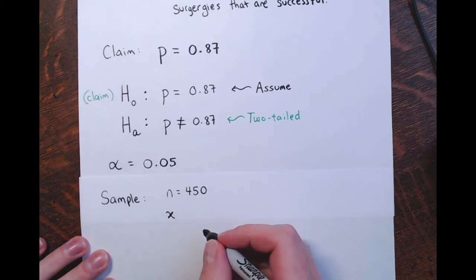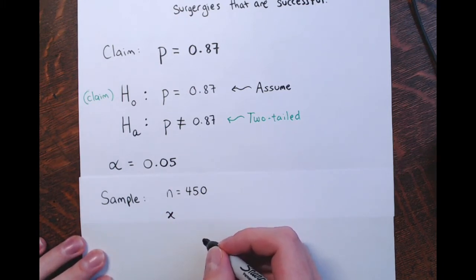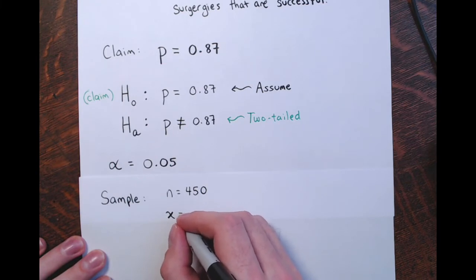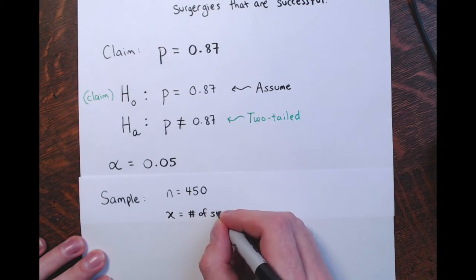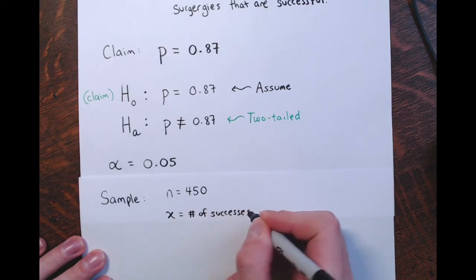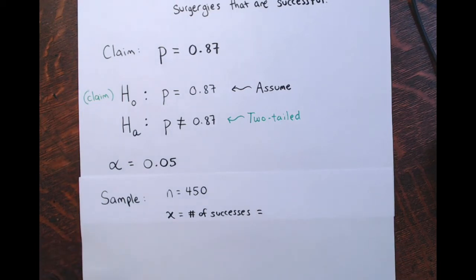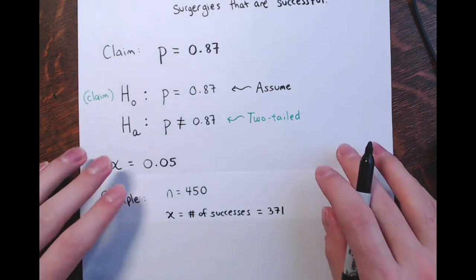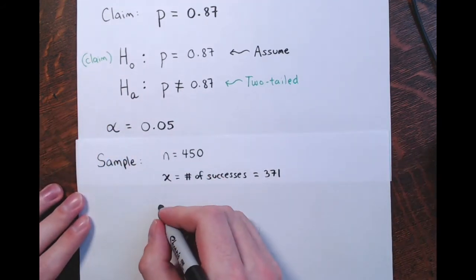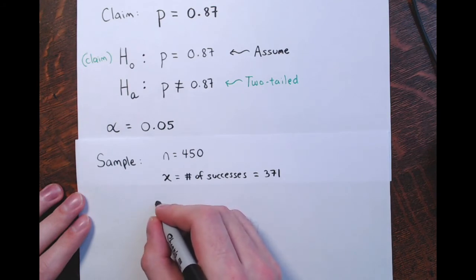When we're talking about proportions and successes, usually we let lowercase x represent the number of successes. In this particular sample, of these 450 patients, 371 had a successful knee surgery operation. So x is 371.